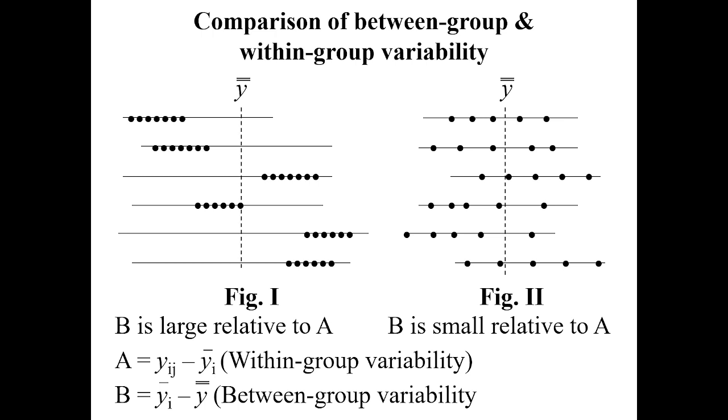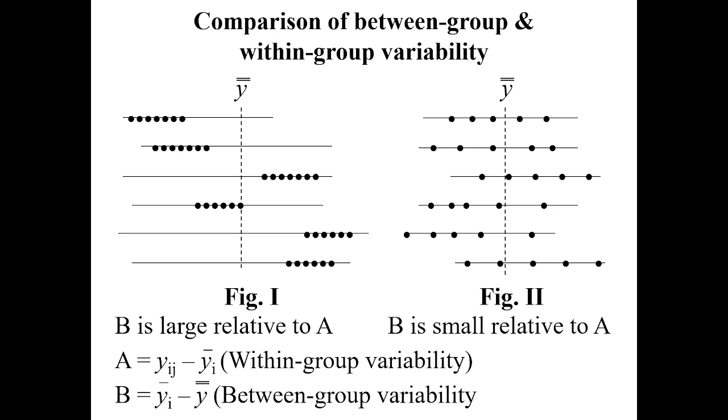So now come back to our terminology. Yij minus Y bar i, that is each individual observation from its group mean, or within group variability, call it A, and the deviation of the group mean from the overall grand mean, or between group variability, call it B. In figure 1, it is very clear B is large compared to within group variability.